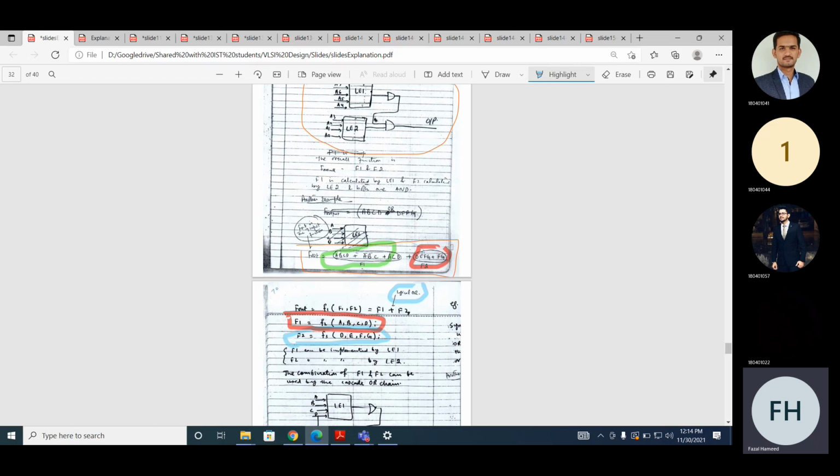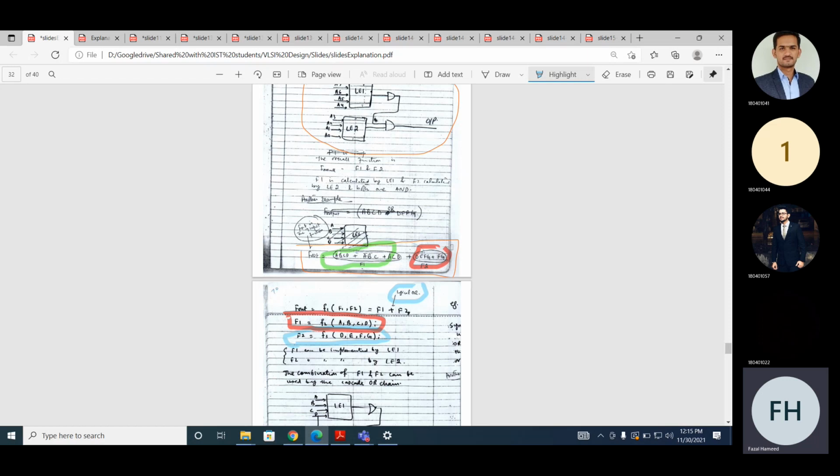And each smaller function should be of how many inputs? Maximum 4 inputs. It can be 2 inputs, no problem. And we also studied how we can implement a smaller function with a bigger lookup table. Implementing a smaller function is not a problem, but implementing a bigger function is a problem.